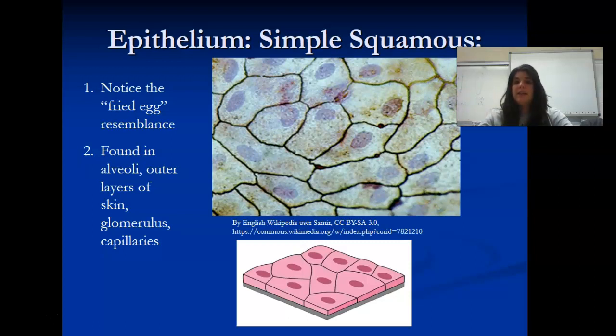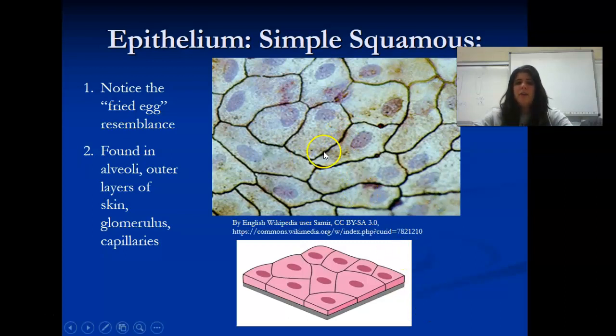So it's really significant that these single layered flat cells are found in your alveoli, where we want oxygen and carbon dioxide to be able to cross through the tissues easily, or the outer layers of your skin. In your kidneys, again, where things are being filtered and reabsorbed, this is a great tissue to do that because they're so thin, the single layer, and then those flattened shells.